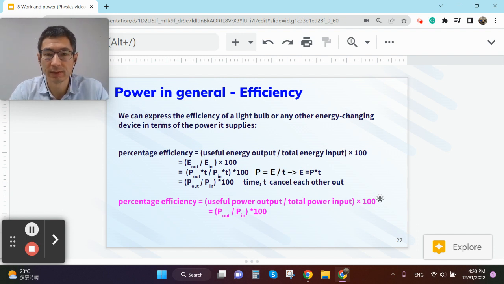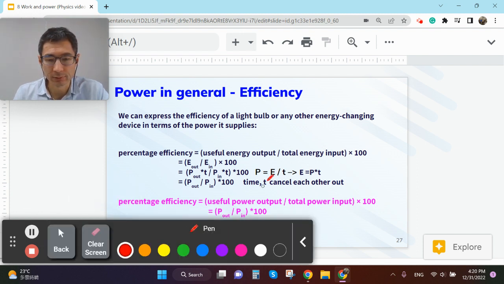Now, similarly, we can use power to calculate efficiency, and I can derive it. Before, we used this equation: useful energy output divided by total energy input, multiplied by 100.